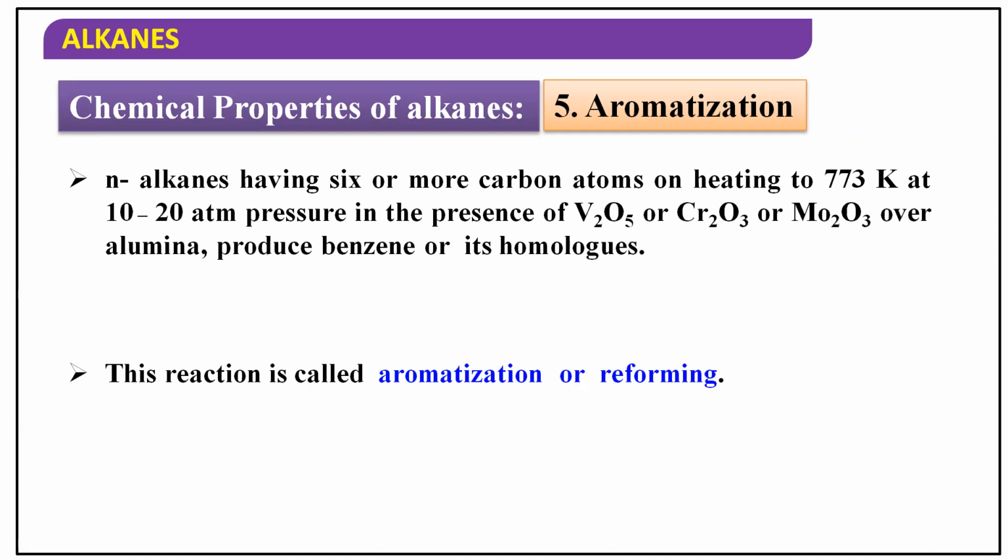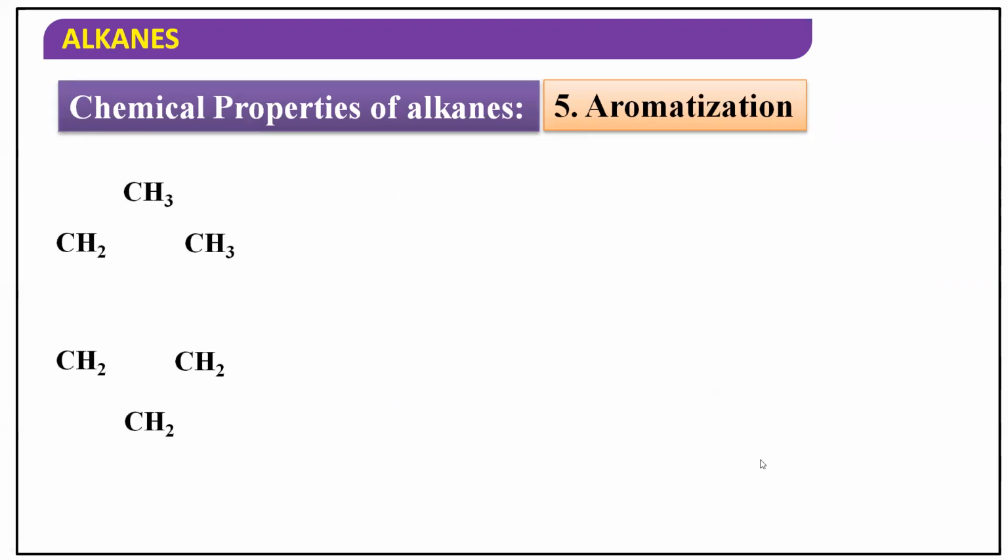For this we need high temperature, 773 Kelvin, 10 to 20 atm pressure, and catalyst V2O5, Cr2O3, Mo2O3 over alumina, which produces benzene or its homologue. Remember, a normal alkane chain converts to an aromatic compound.